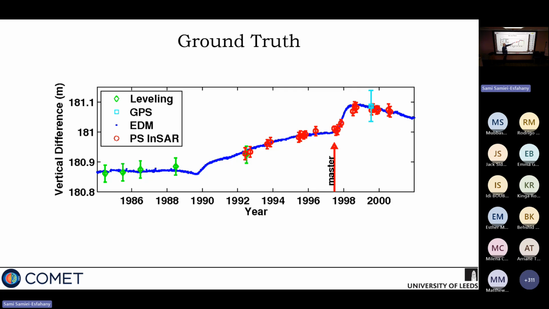So the InSAR data here in red, right? You can see that actually it's not a linear evolution with time. Volcanoes rarely are. Anyway, so all good. This is just to prove that it matches other data that I mentioned there.